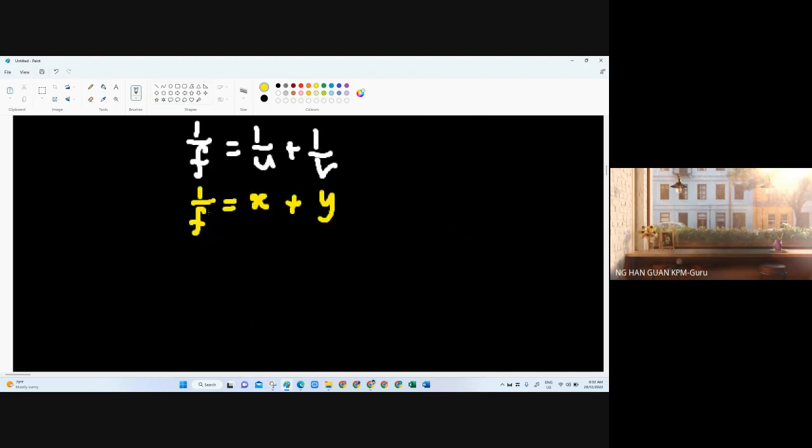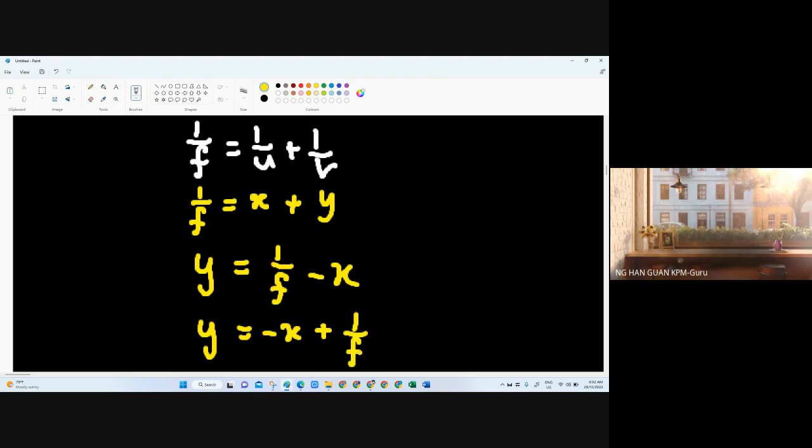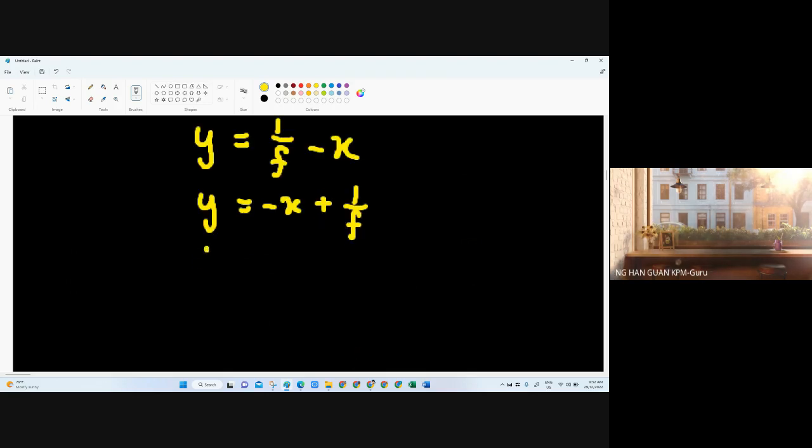When we rearrange it, we have y equals 1 over f minus x. So y equals negative x plus 1 over f. According to this, we have 1 over v equals negative 1 over u plus 1 over f.